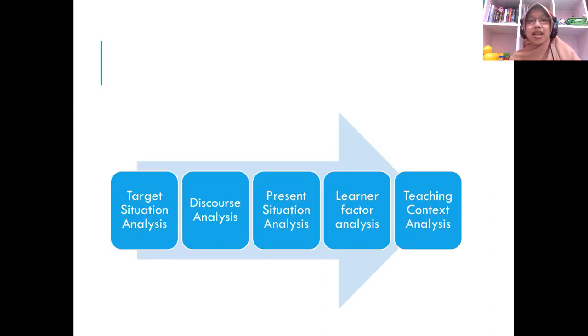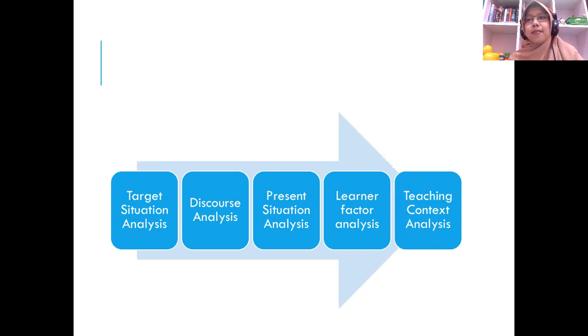Okay. There are some considerations when we are going to design a syllabus or curriculum for ESP. The considerations are target situation analysis. We can see the target situations.